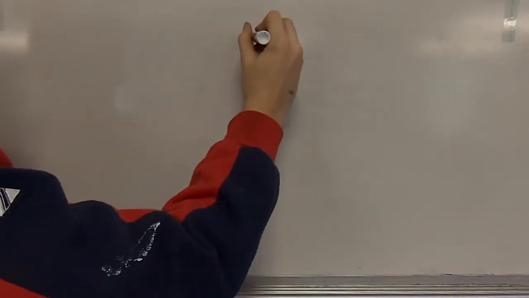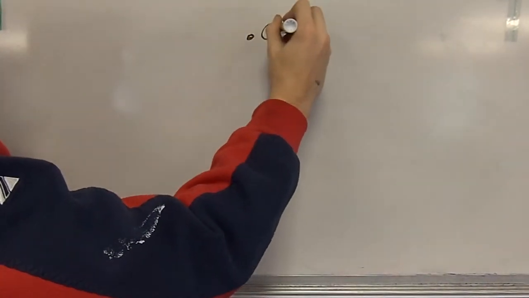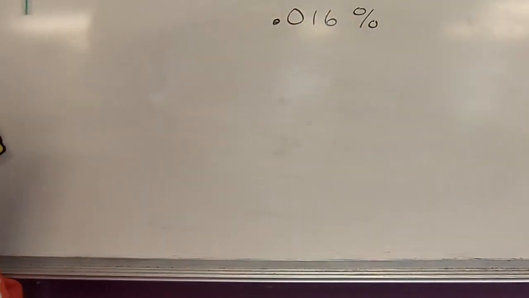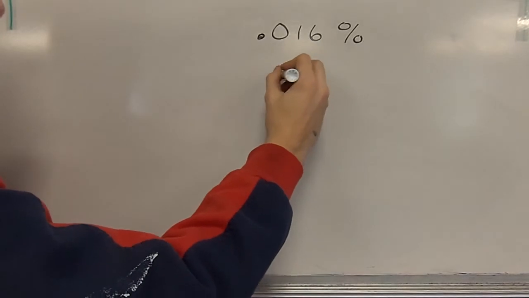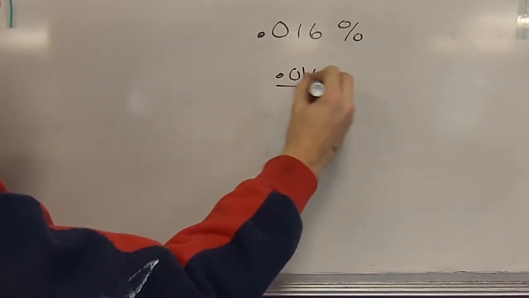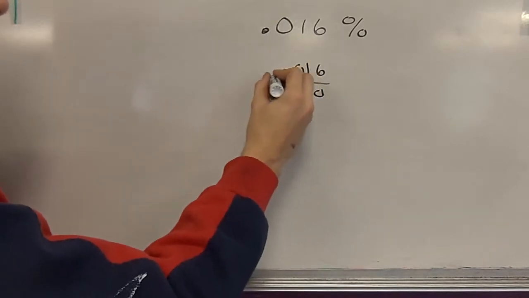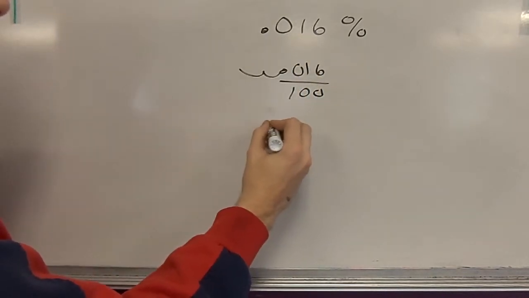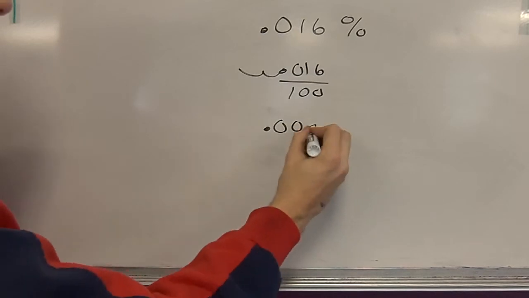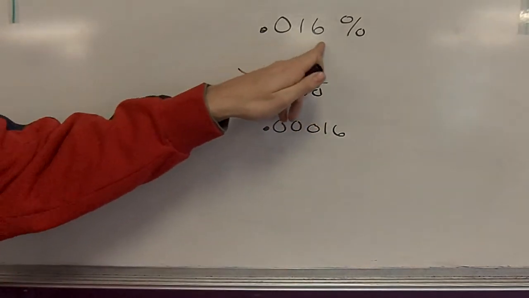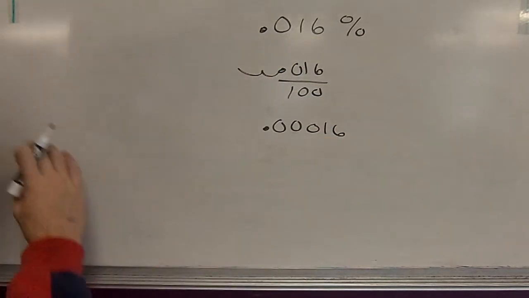What happens if you have 0.016%? It's still the same thing. It's 0.016 divided by 100, or out of 100. Move that decimal left 2 spaces. Blank spaces are filled in with zeros. 1, 2 zeros. 0.00016. I just wrote 0.016% as a decimal.